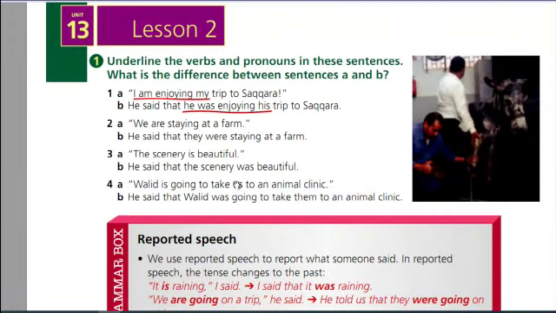We got here us, which is a pronoun. And we got here is going and take, which are verbs. In sentence number B, we got the pronoun them, and was going and take are verbs.